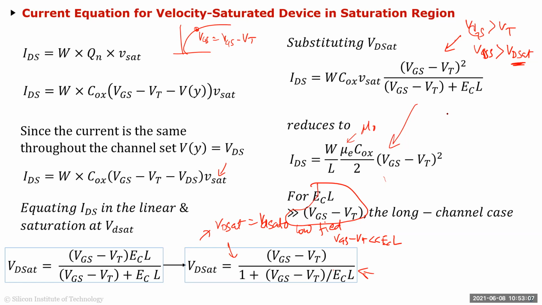So what we did was we made a correction to mu, and we made a correction to the velocity of saturation. So it's basically a double correction. Your mu got degraded, so your velocity already decreased because velocity is equal to mu times the electric field. Then on top of that, we said even with this degraded mu, it's still not going to go on and on forever.